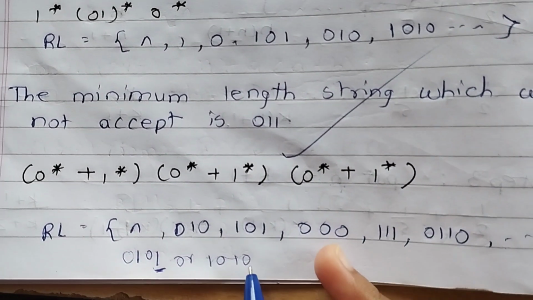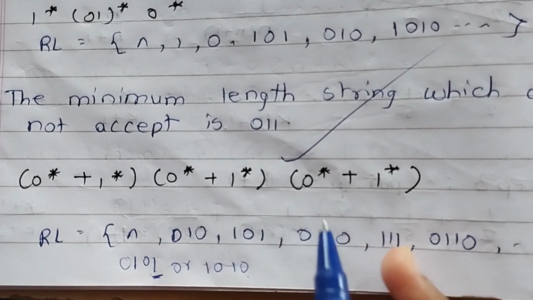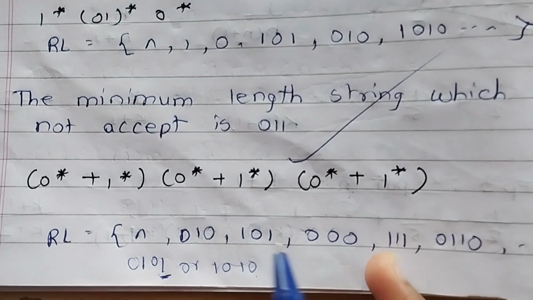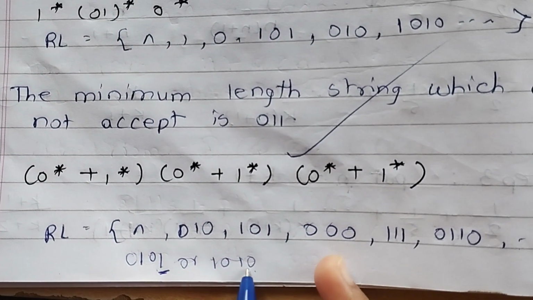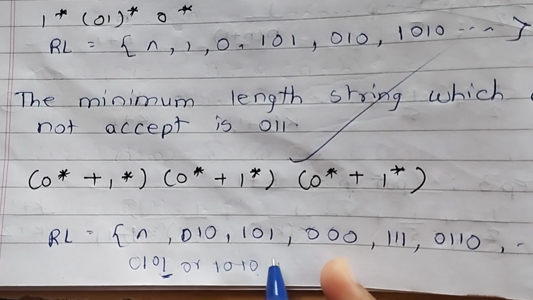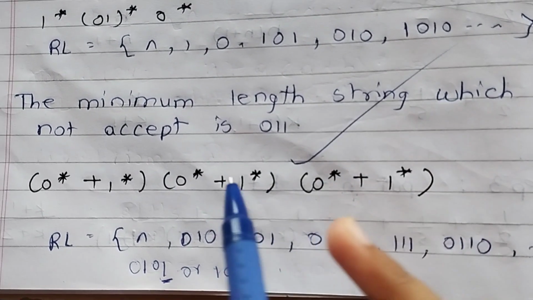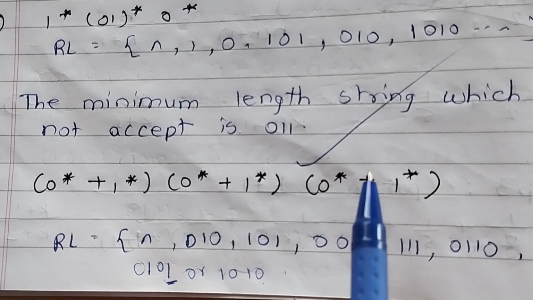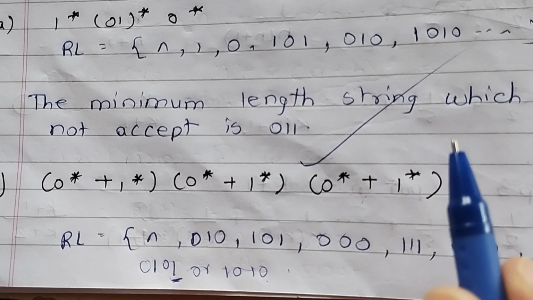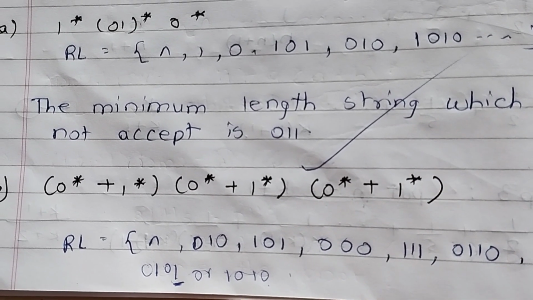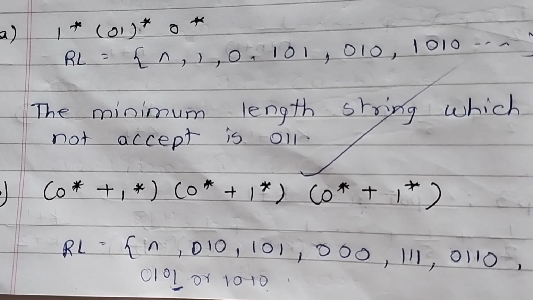Now what about that 0? From where does this 0 come? So this is a possible regular language which is not accepted by this regular expression. I hope you all get the idea.